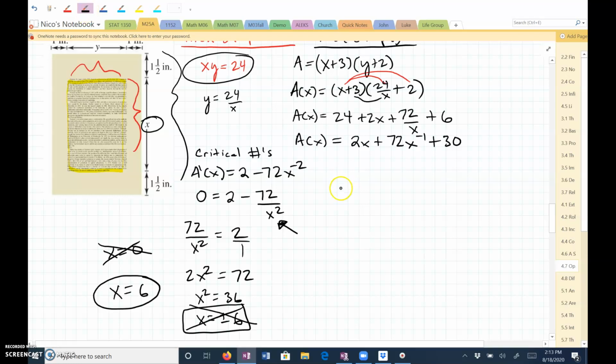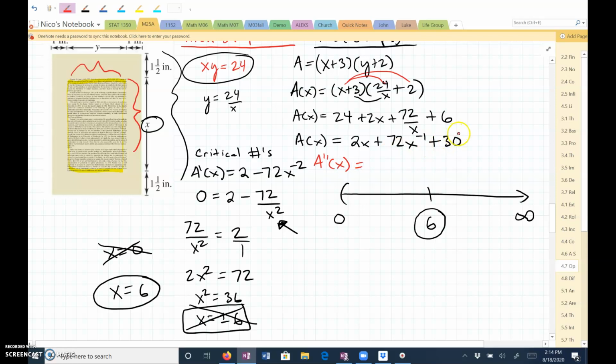So now, looking at a number line that represents x, it's got to be somewhere between 0 and infinity. 6 being right here. We want to see if this 6 is a relative min or max. I'm going to do that by using the second derivative test.